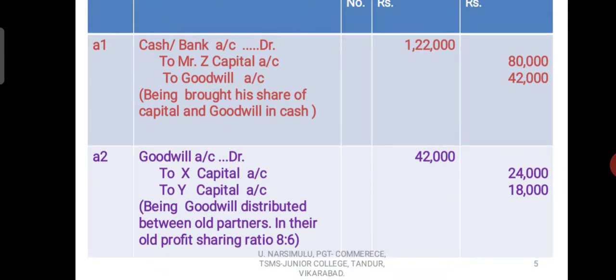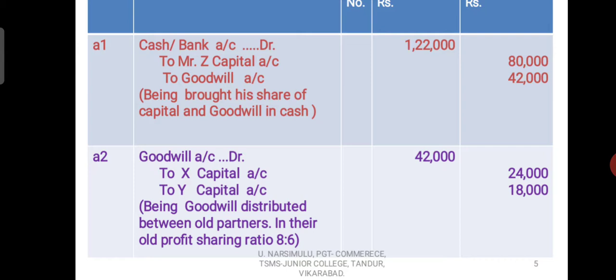And second, immediately we distribute the goodwill between the 2 partners according to their old profit sharing ratio. So goodwill account debit to X capital account and Y capital account. Goodwill account debit column 42,000, X capital account credit column 24,000, Y capital account credit column 18,000. Narration: being goodwill distributed between old partners in their old profit sharing ratio.